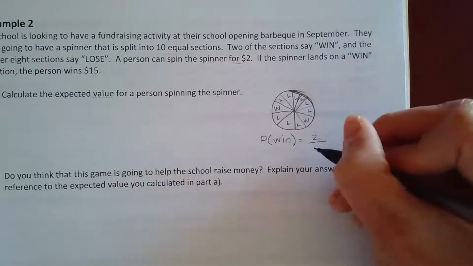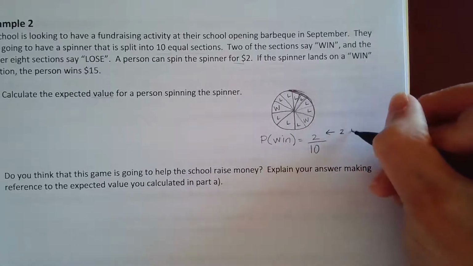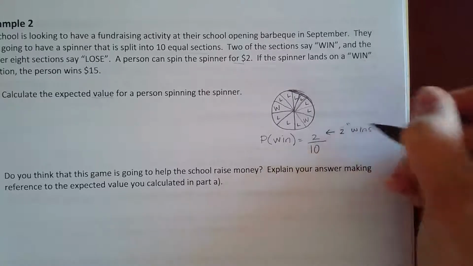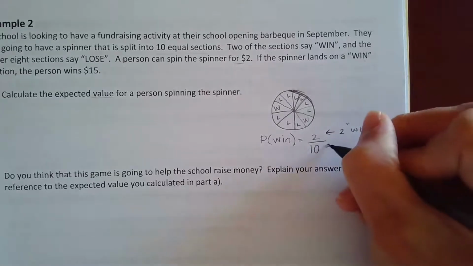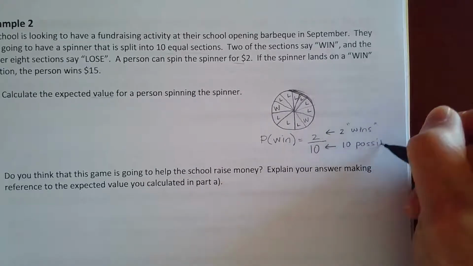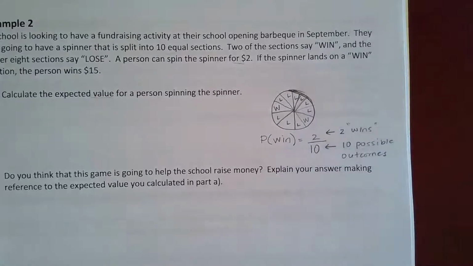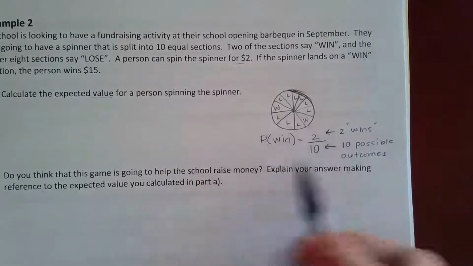All possible outcomes, there's 10 of them. So 2 wins, and the 10 would be 10 possible outcomes. Okay, so that's the probability.